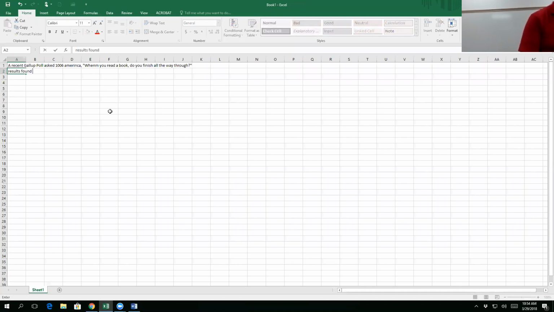Results found X bar equals 13.4 and S equals 16.6. Construct a 99% confidence interval. Interpret.